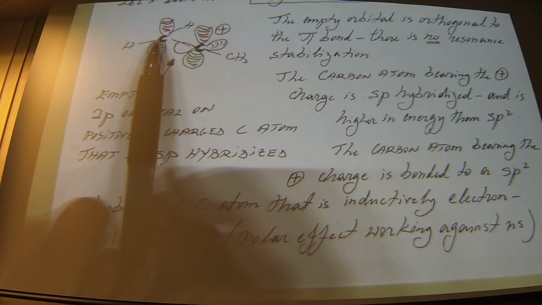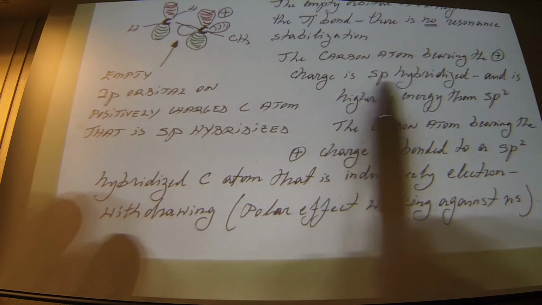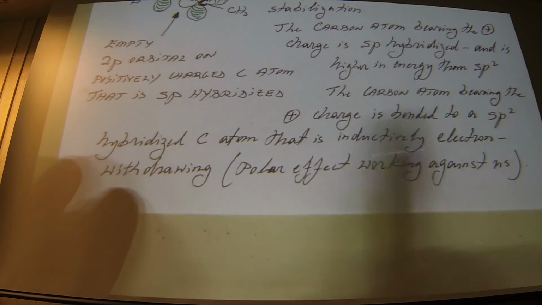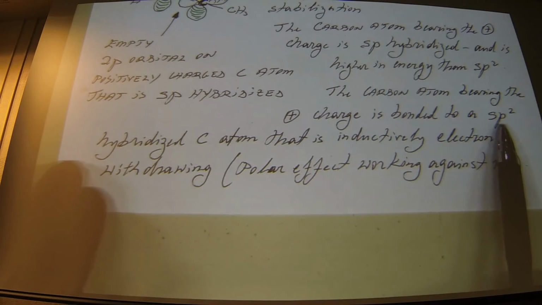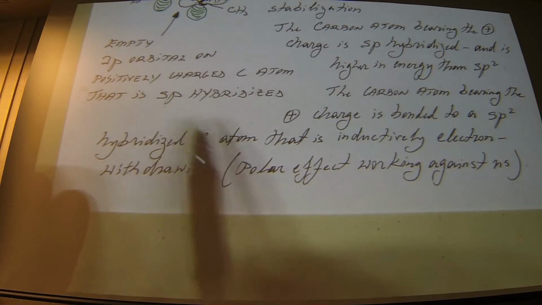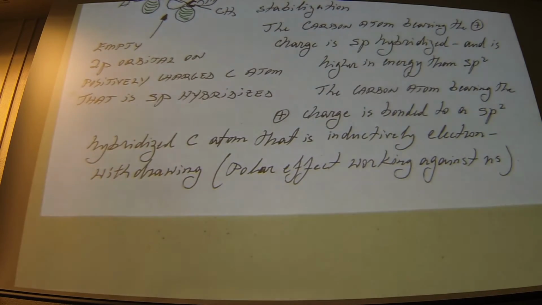This carbon atom, not this one, but this one here, is sp2 hybrid. And so the atom bearing the positive charge is bonded to an sp2 hybridized carbon atom, that one, and that inductively is electron withdrawing compared to an sp3. Remember that the more s character you have in the orbital, the more electron withdrawing it is.